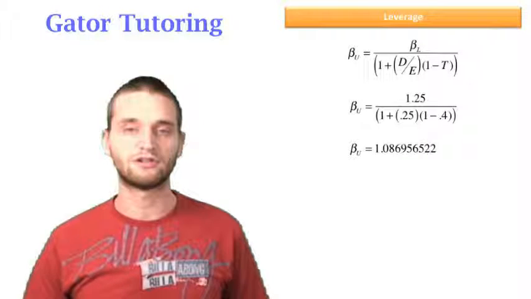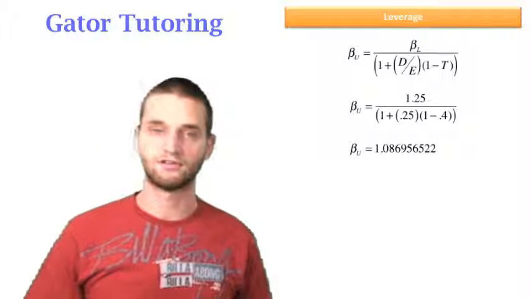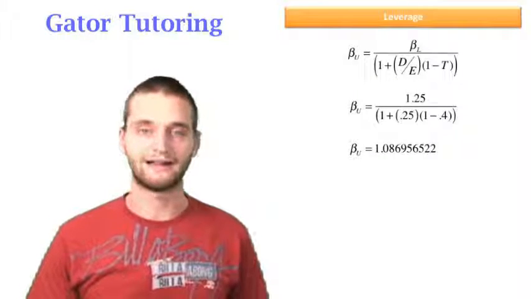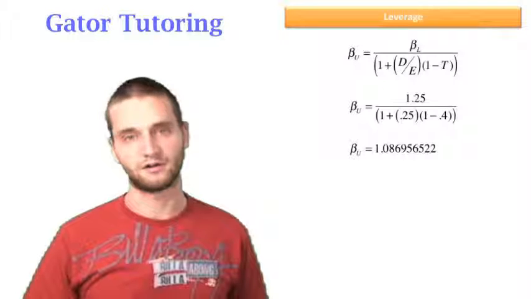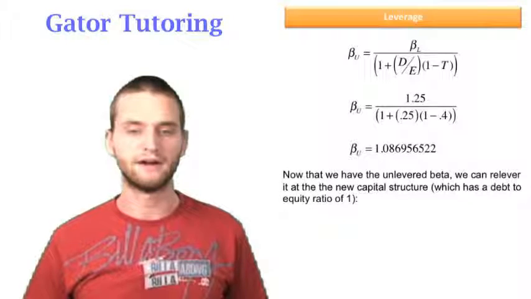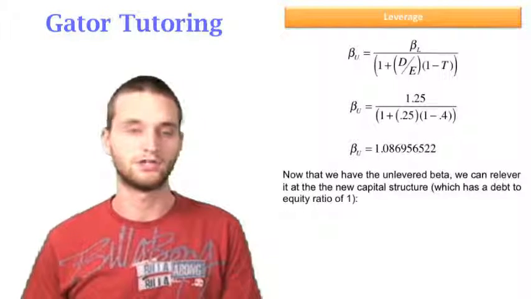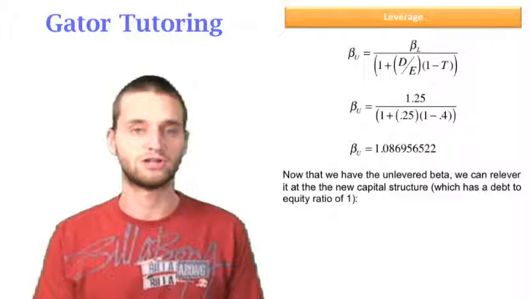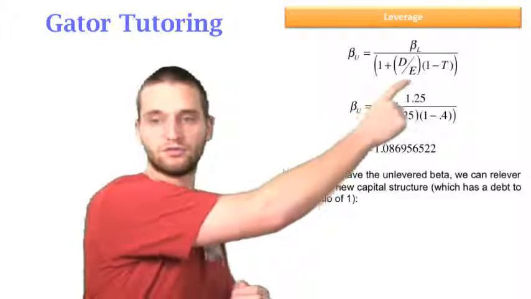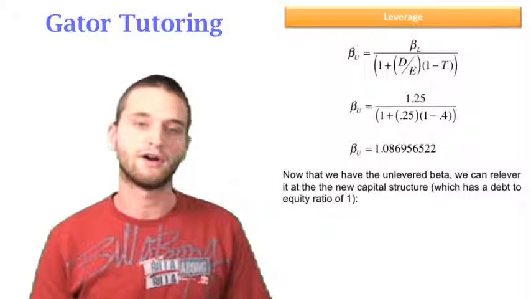When you get long answers like this, it's best to just leave them in your calculator so they don't affect your final answer. Sometimes the accuracy is important to get exactly what is in your multiple choice answers. Now that we have the unlevered beta, we can relever it at the new capital structure, which has a debt to equity ratio of 1. That's the only thing that's changing. The denominator of this fraction is changing from 0.25 to 1.